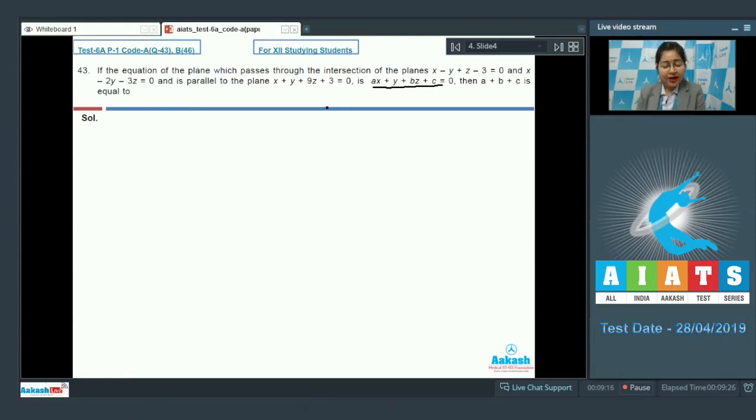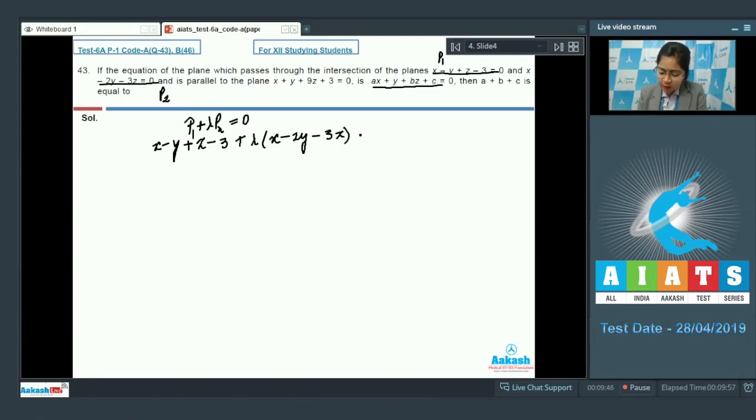It has been given that the plane passes through the intersection of this plane, let us say P1, and this plane, let us say P2. So our required plane passes through the intersection of the planes, and we can assume the plane to be P1 plus lambda P2 equal to 0, that is x minus y plus z minus 3 plus lambda times (x minus 2y minus 3z) equal to 0.